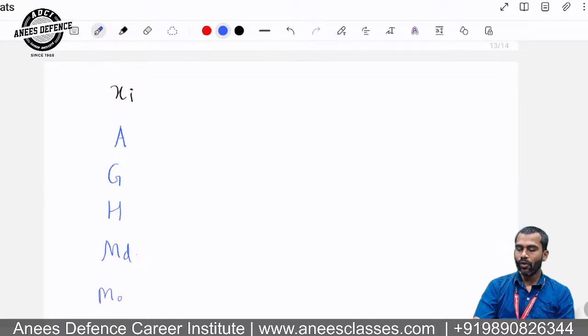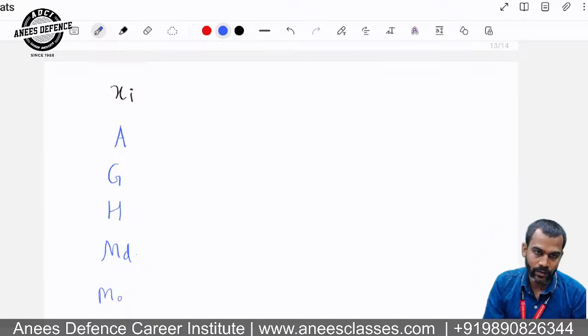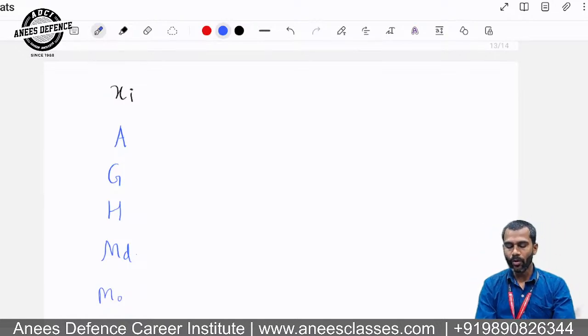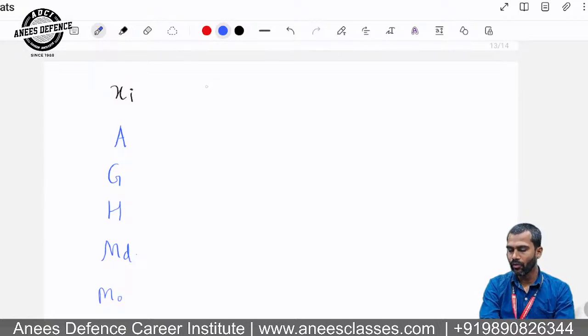Now, if every observation is added by k, or if you subtract a particular number k from every observation, the new variable would be xi plus k. If k is negative, then you are subtracting from each and every observation. This is called shift of origin.